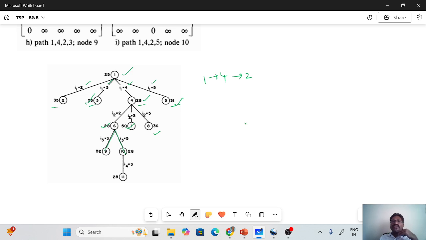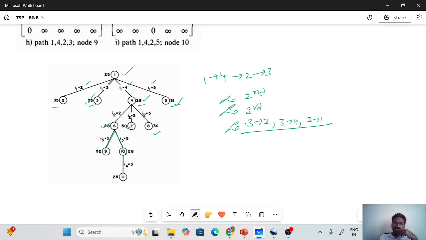So 3 or 5 in the sense, observe 2 to 3, second row, third column. I am talking about 2 to 3. So like this one, second row, third column, and 3 to 2, 3 to 4, 3 to 1 becomes infinite.